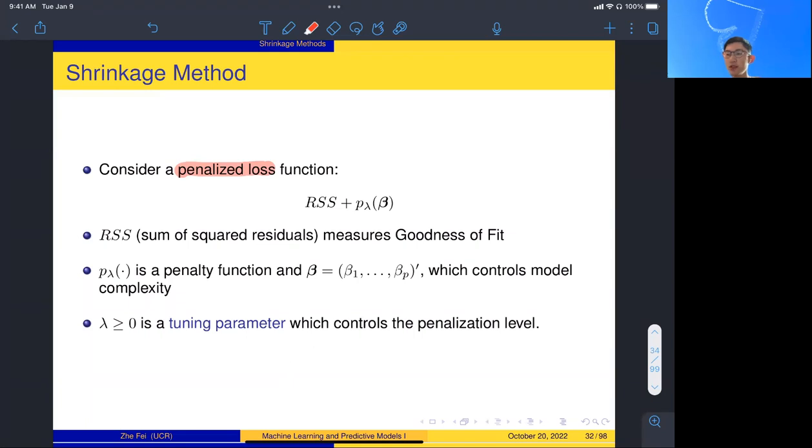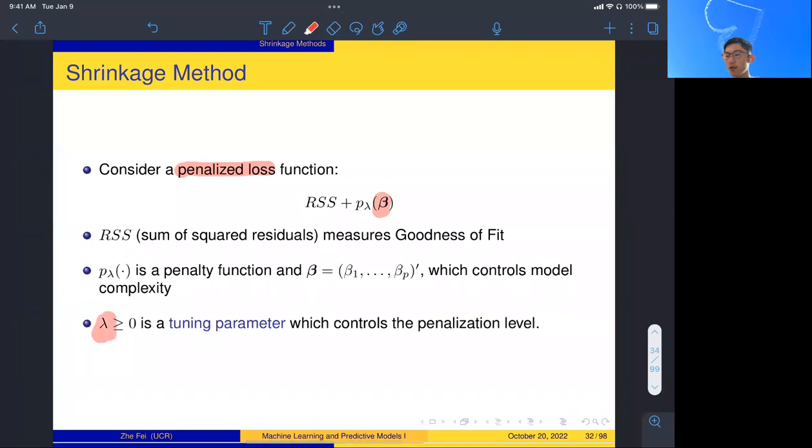Because we consider linear regressions here, the sum of square residual, RSS, can be used as the loss function. It measures the goodness of fit, and we denote the penalty term or the complexity by a function p. So p here is a function with respect to our beta vector, which controls the model complexity.